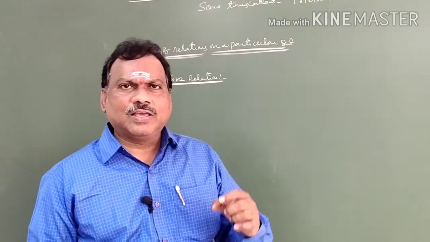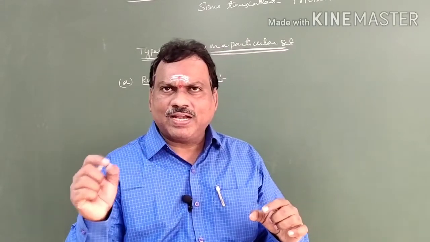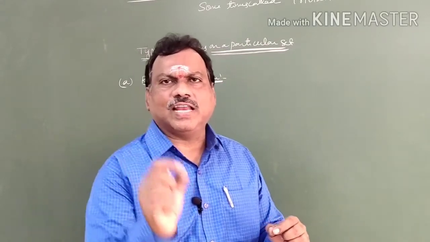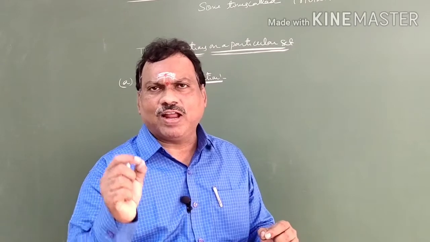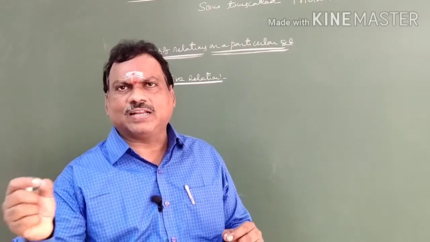If you consider a particular set A, each and every element is related to itself. Suppose 1 will be there, (1, 1); 2 will be there, (2, 2); 3 will be there, (3, 3).